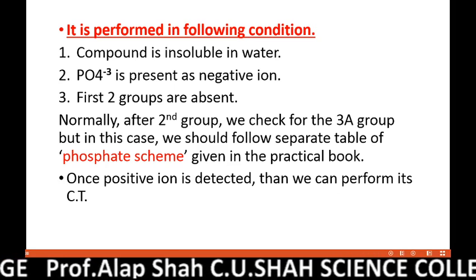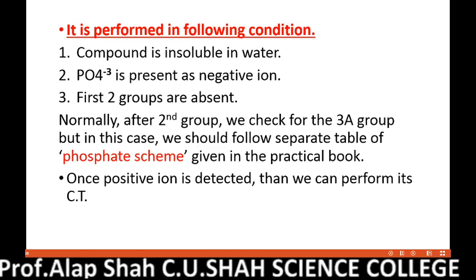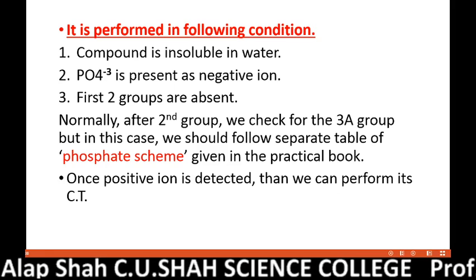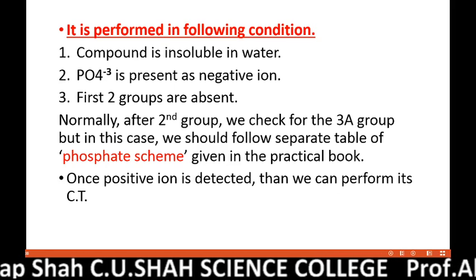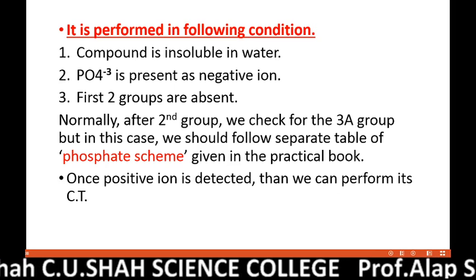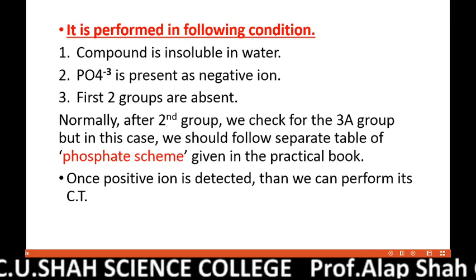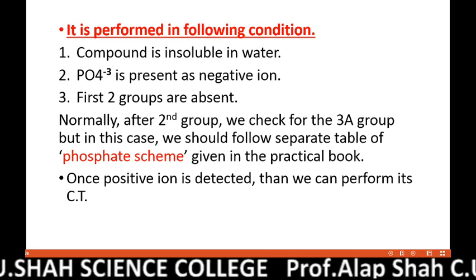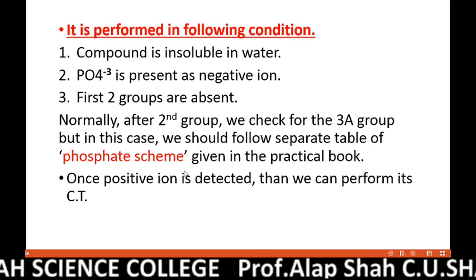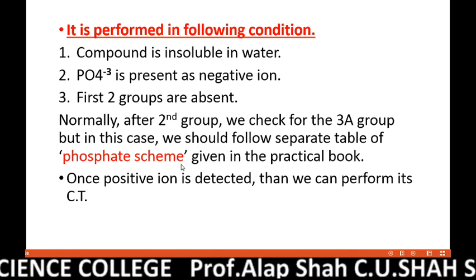Then normally we would check the 3A group, but in this case, when these three conditions are fulfilled, we never check 3A group. After the separation of the positive groups, in your practical book there is a separate chart called phosphate scheme. So the positive ion should be detected from the phosphate scheme chart.